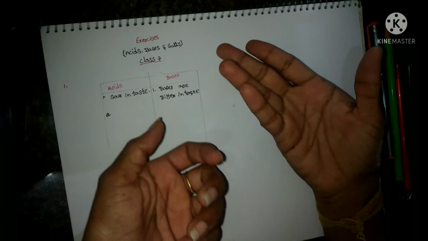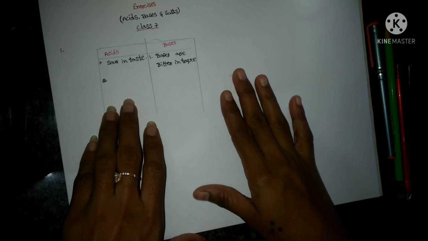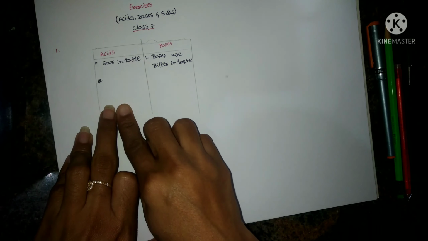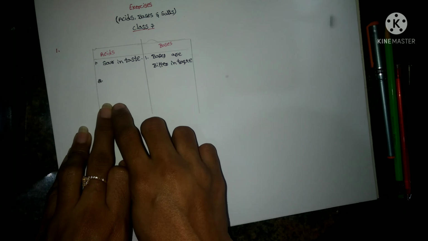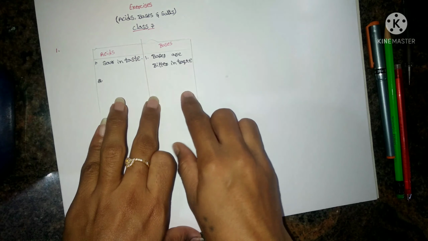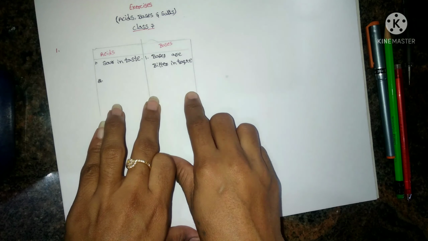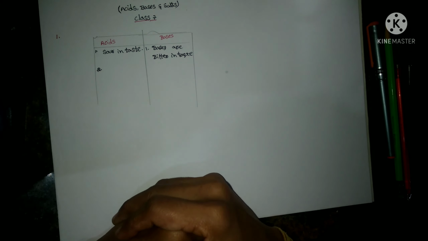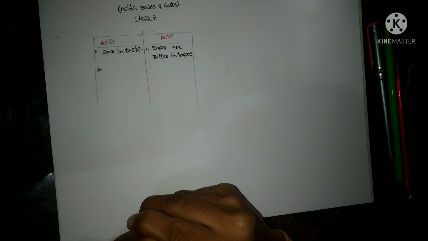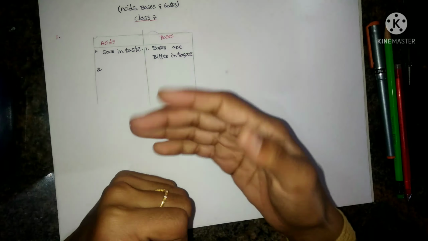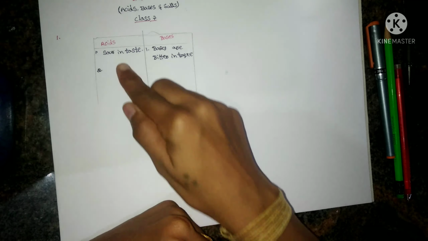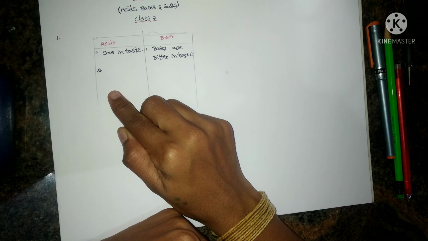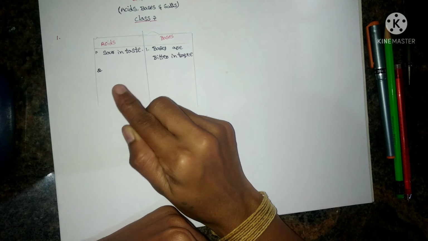Similarly, for litmus paper, one more point you can add here. Acids turn the blue litmus paper into red, and bases turn red litmus paper into blue. Similarly, you did the experiment with turmeric indicator also, so that point you can mention. Acids turn the red turmeric paper into yellow.